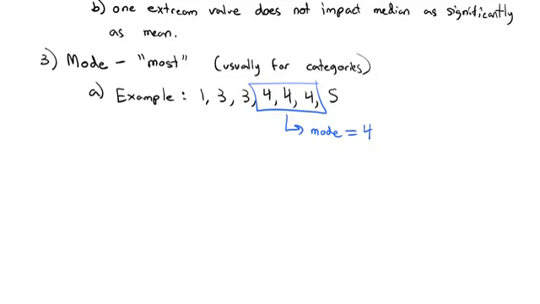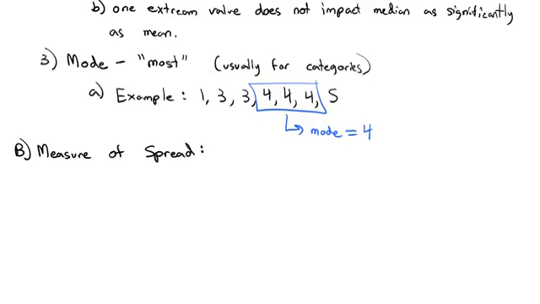Those are our measures of center: the mean, median, and mode. But the problem with just measuring the center is it only tells us where the middle value is. It doesn't tell us how all the rest of the data is behaving around the center. Is the data really spread out? Is it clustered close to the center? What's happening with the rest of the data? And that's why we also need some type of measure of spread.